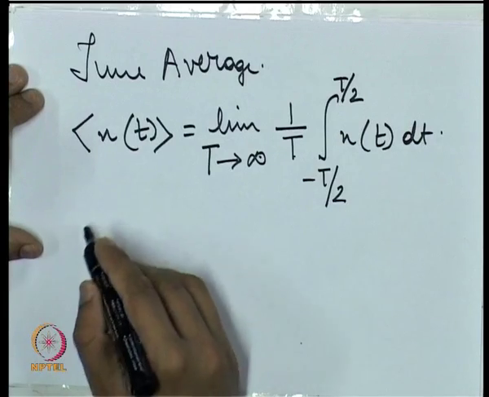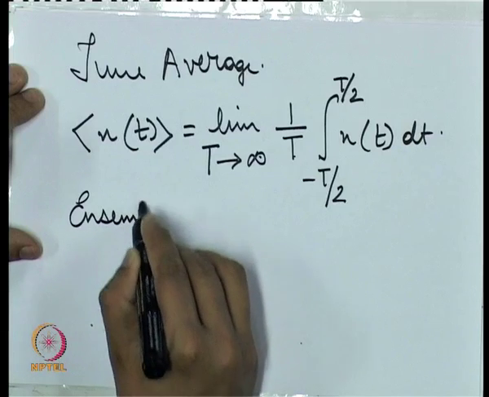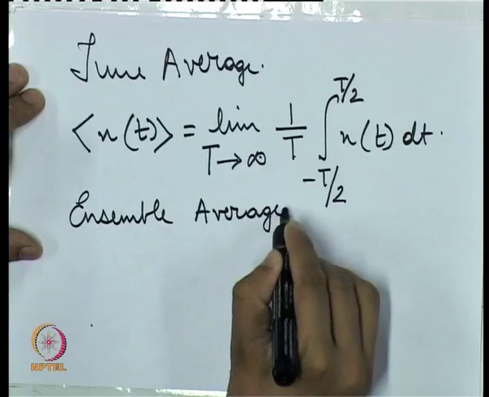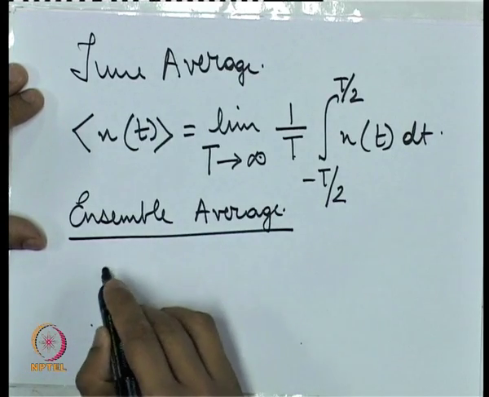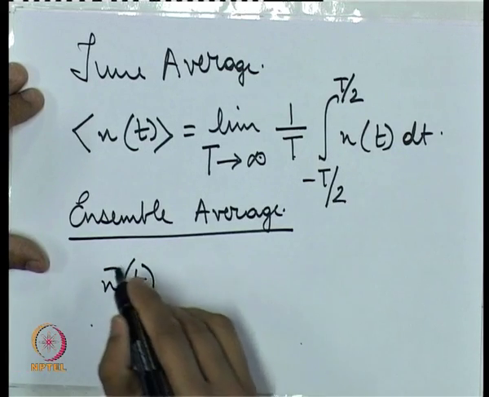On the other hand, another kind of average that we can define is what is known as an ensemble average. Here, instead of averaging over time, we consider, at a particular instant of time, what is the average value that the random process takes.